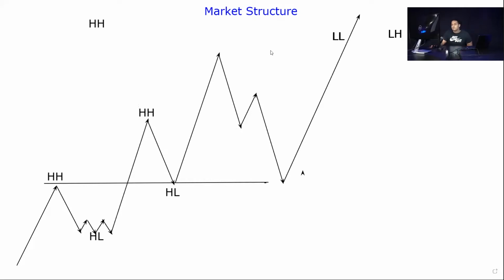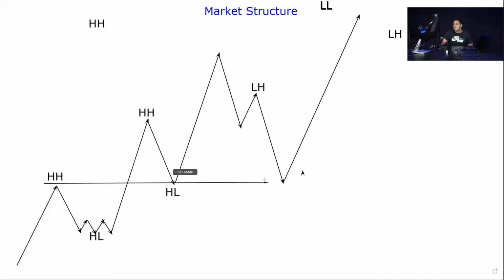Just because it's making lower highs now, okay, just because it's making lower, oops, that's a lower low. Let me switch that real quick. Just because the trade is making a lower high doesn't mean it's on a downtrend until the lower high is broken and retested.